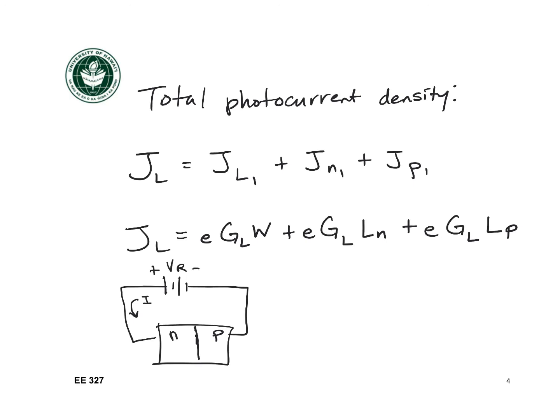Now when we start shining light on our photodiode, we get an additional current here due to the carriers generated in the p-n junction.